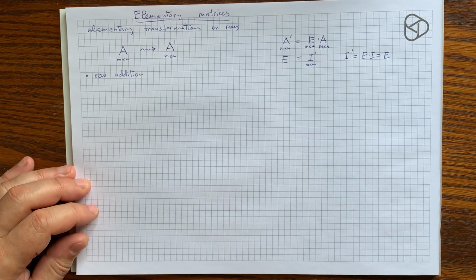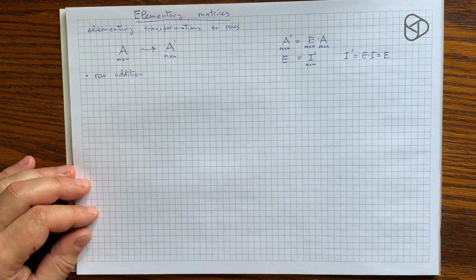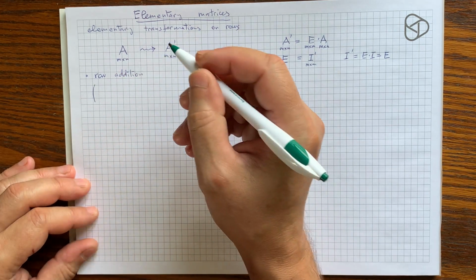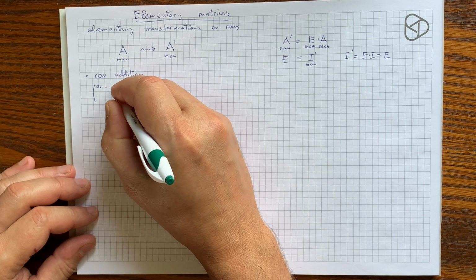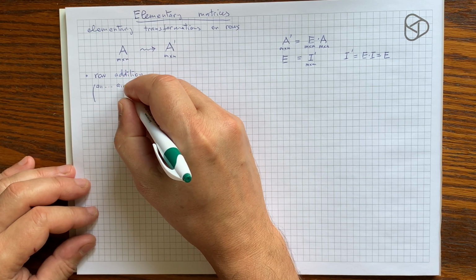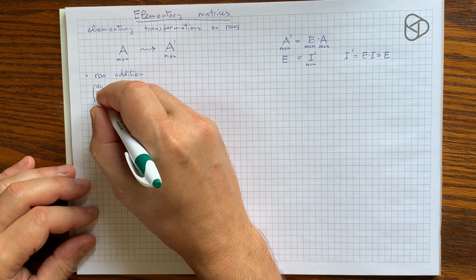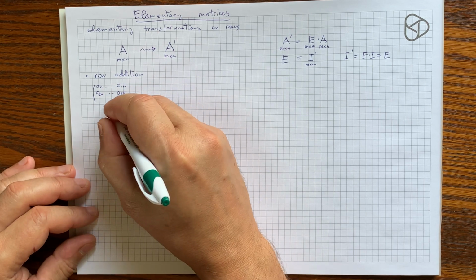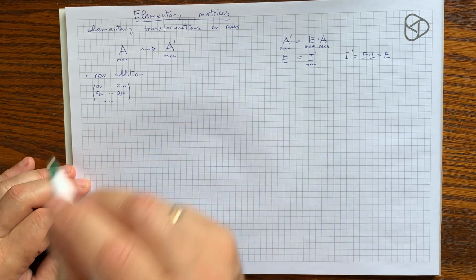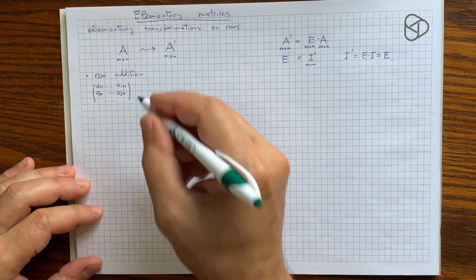And that involves two rows, and I will perform this row addition on the first two rows. But it will work for any pair. So I'll just write elements of these two rows, number 1 and number 2. And I will not care about the rest, because it's not going to change.